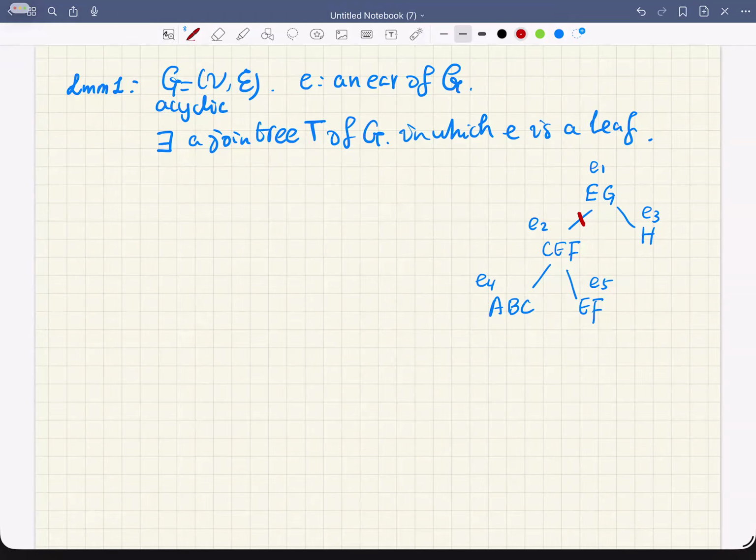So I will look at the other neighbors of EG and try to get those neighbors connected back into the tree. In this case, EG has only one neighbor, that's H. Did I say I will break this edge? I will not break that. I'm so sorry, I don't break it.